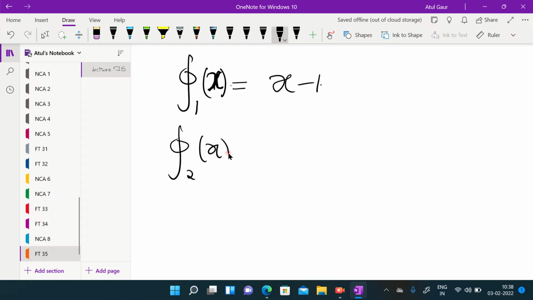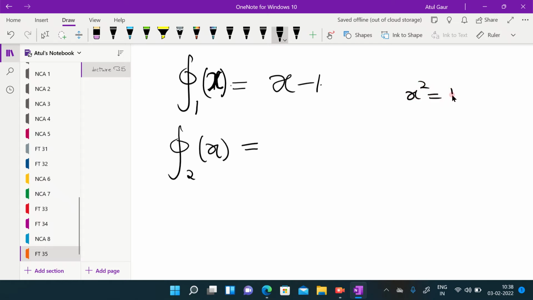What about phi 2? So that means you have to locate an element of multiplicative order 2. So multiplicative order 2, what will it be? Minus 1, is it not?